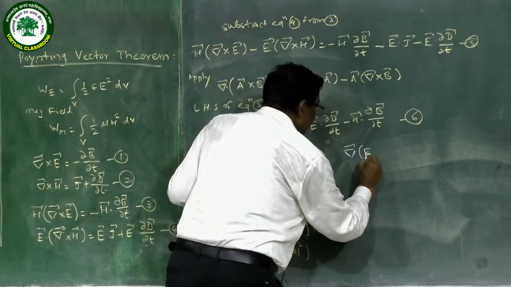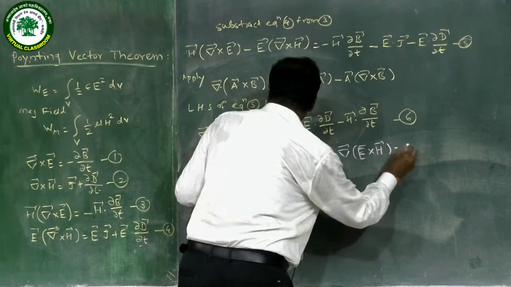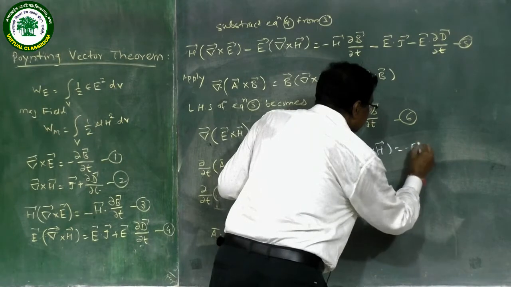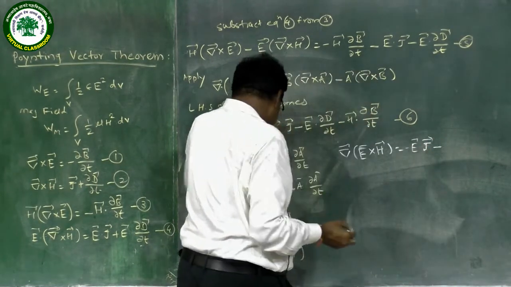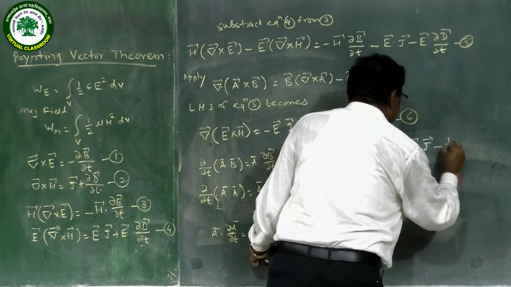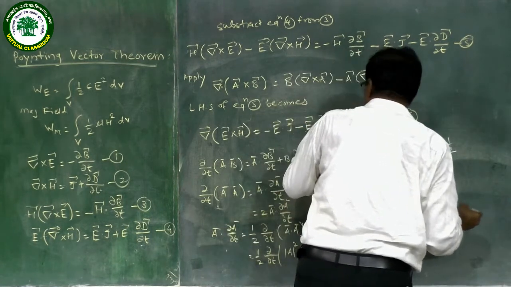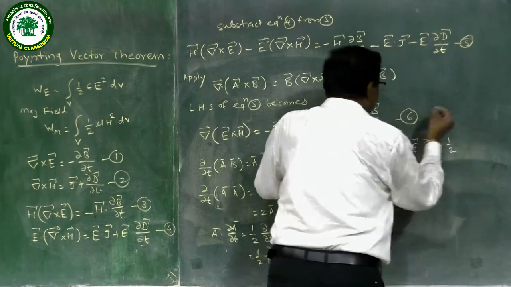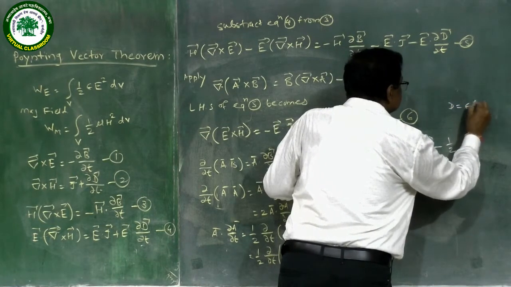We have divergence of vector E cross vector H is equal to minus E dot J minus 1/2 of the time derivative of the two terms. D is also written in terms of epsilon E. So put the value, D is equal to epsilon into E, which is the subsidiary equation.